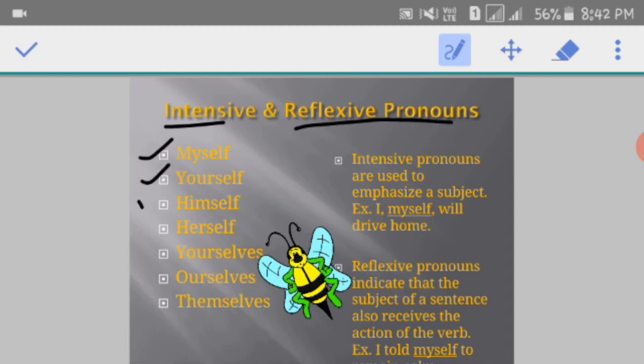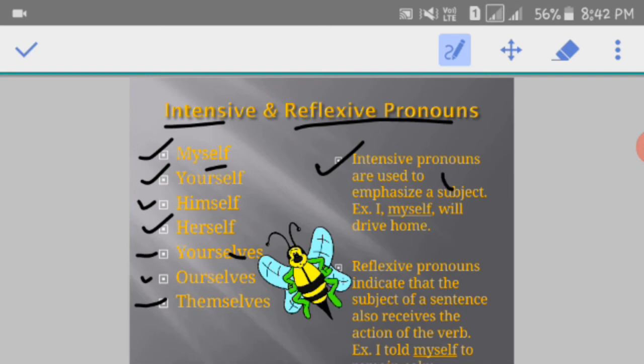Next pronouns are intensive and reflexive, both are the same. Intensive and reflexive pronouns are like myself, yourself, himself, herself, yourselves, ourselves, themselves, where we find "self" and "selves". These are called intensive or reflexive pronouns. What is the function?